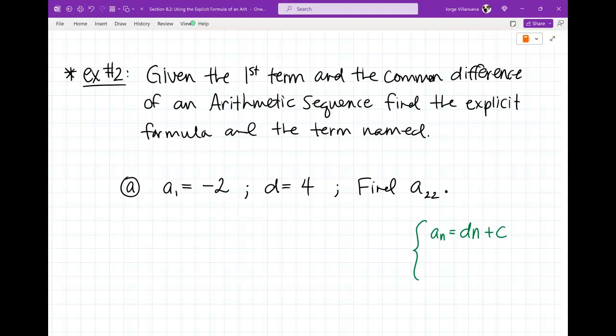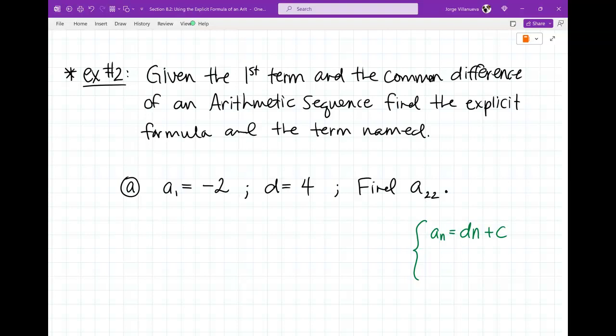Is there a way that I can utilize what they gave me right now in this problem to write out a formula based on a sub 1 and d? If you look at my shortcut, is there anywhere where I can plug a sub 1 into that shortcut one? No, right? There's an a sub n, but that's supposed to be like that. There's supposed to be an a sub 1 somewhere on the right side, and it's not there.